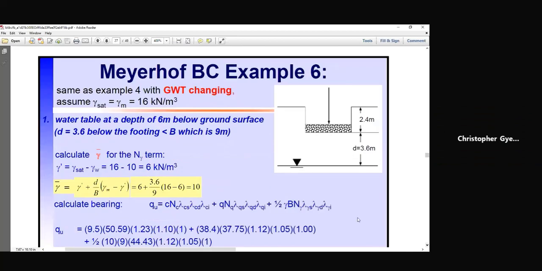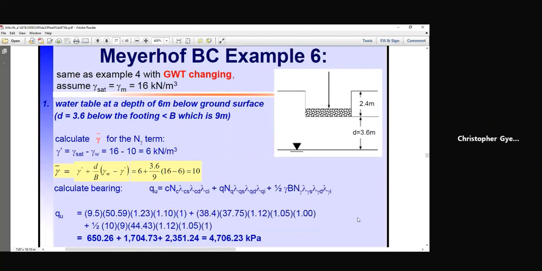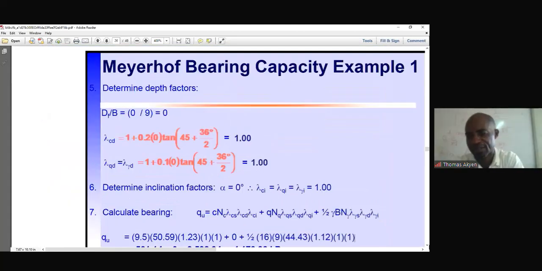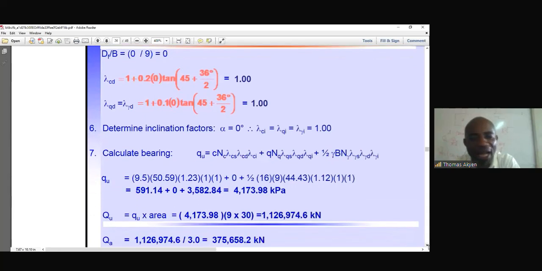Can it be a situation where they will not give you the angle, but they will rather give you Nc, Nq, and N lambda? Yes, there can be a situation like that. There can be a situation where they don't even give you the angle, so you have to use the N values.